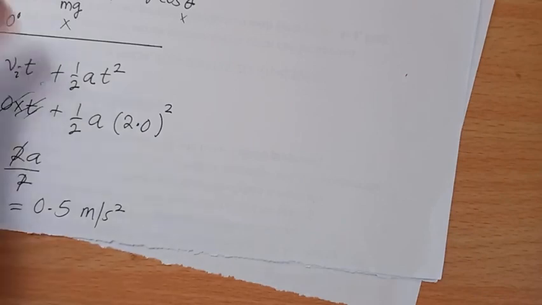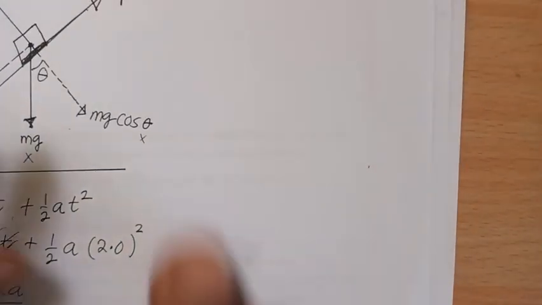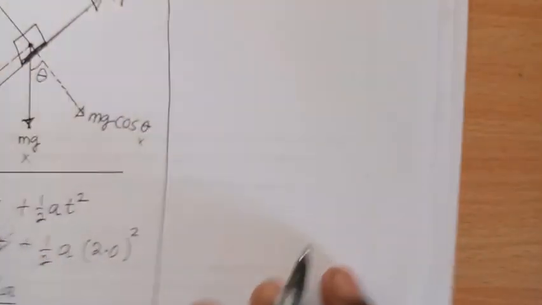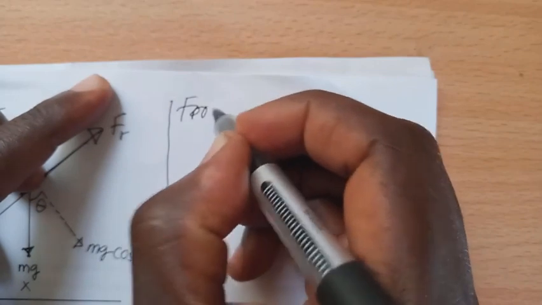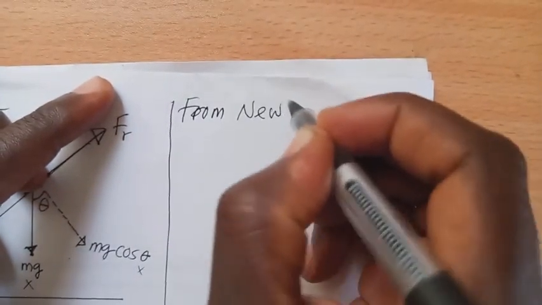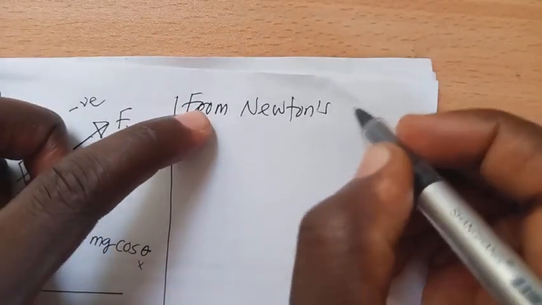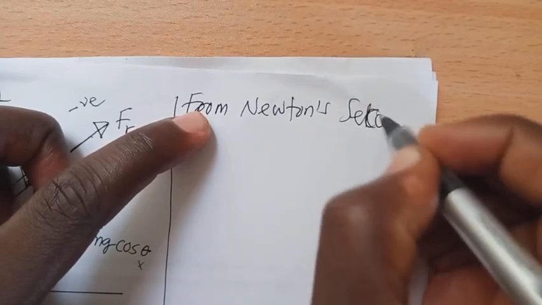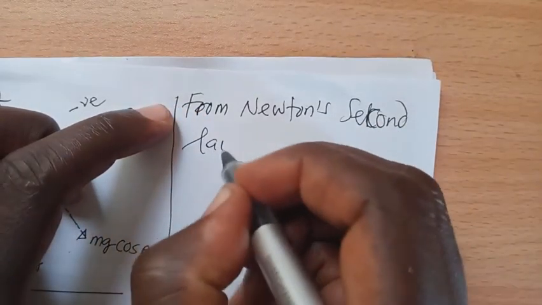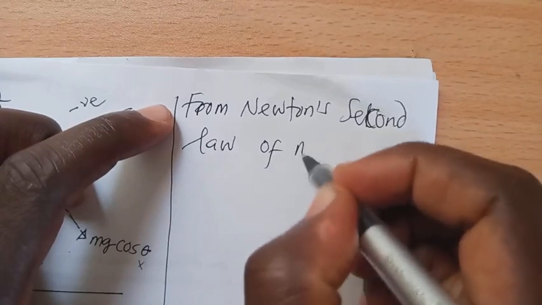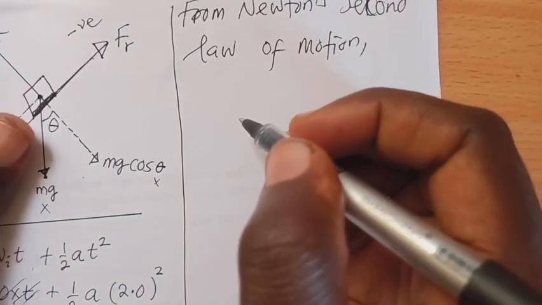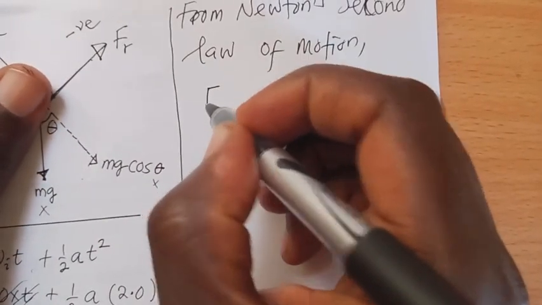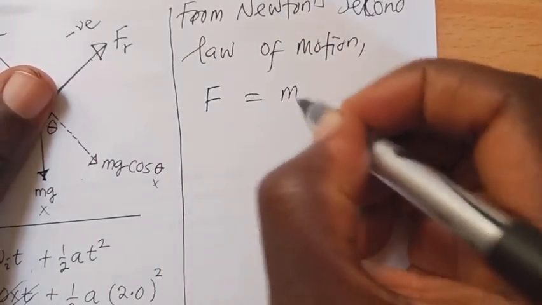Now that you got the acceleration, the next thing for you to do is to apply Newton's second law of motion. According to Newton's second law of motion, force is equal to ma.